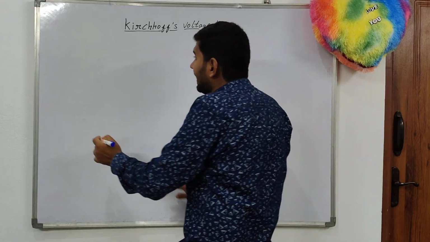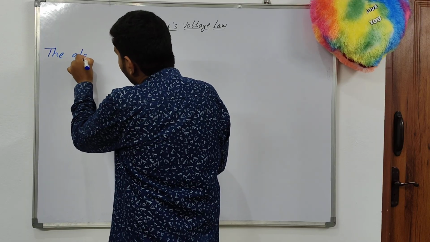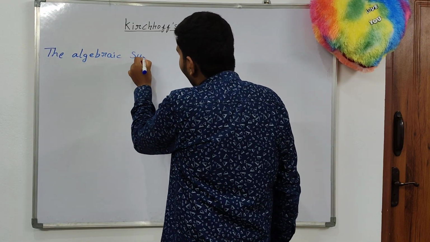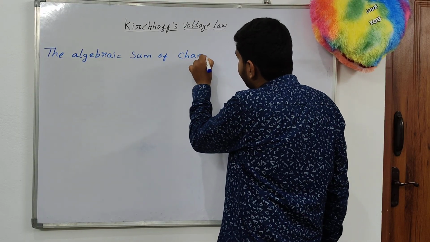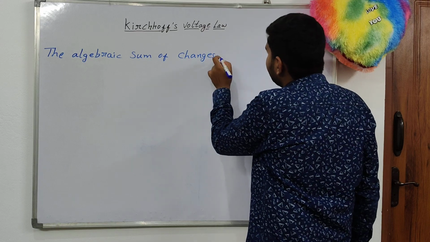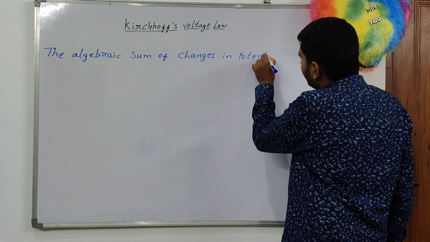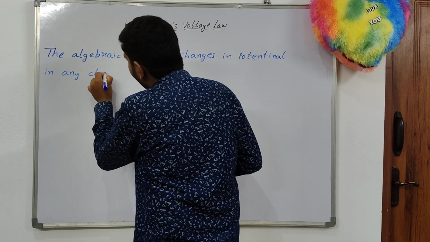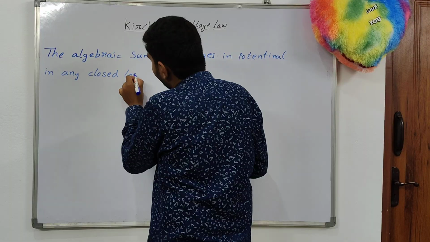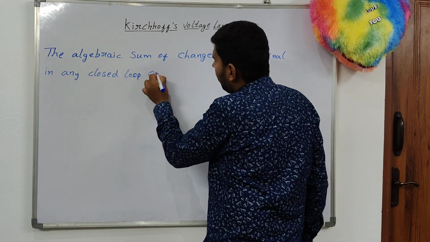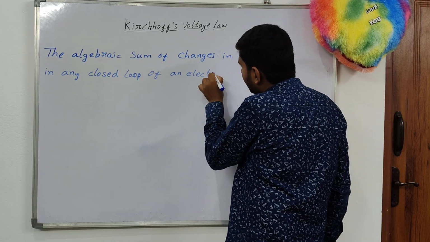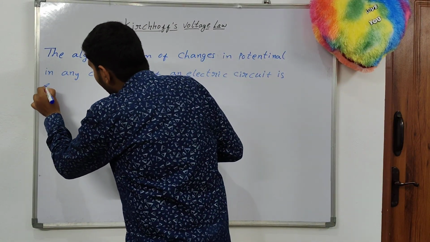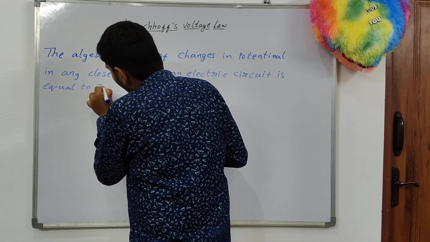Kirchhoff's voltage law states that the algebraic sum of changes in potential in any closed loop of an electric circuit is equal to 0.